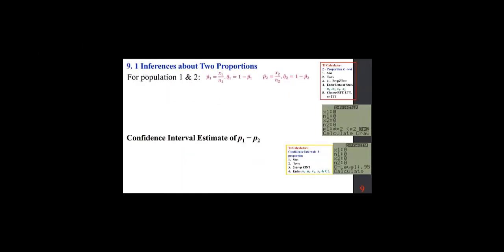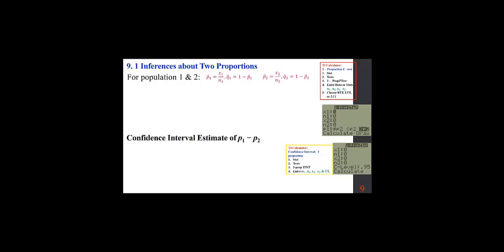So for populations 1 and 2, remember p hat was x over n. Now p1 hat is x1 over n1. Remember q hat was 1 minus p hat, so it makes sense to say q1 hat is 1 minus p1 hat.